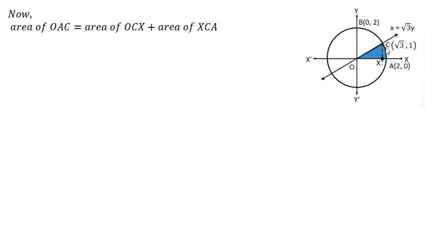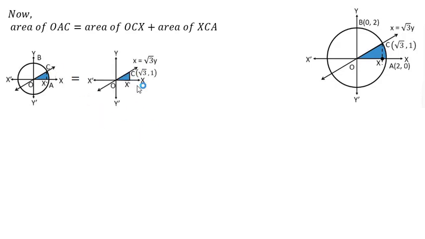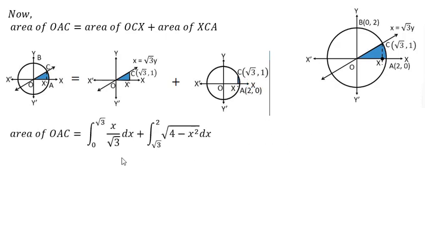As I discussed earlier, we have to divide this whole area into parts. This whole area is divided into one triangle like this, and the other part is between circle and x-axis. So our area will be first between line x is equal to root 3 y, so y will become x upon root 3.